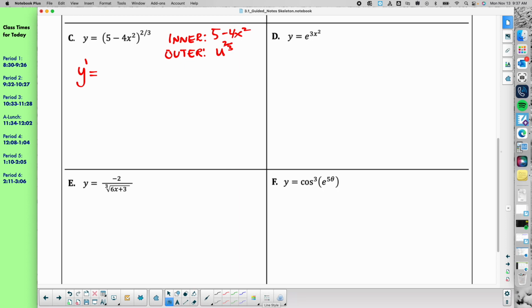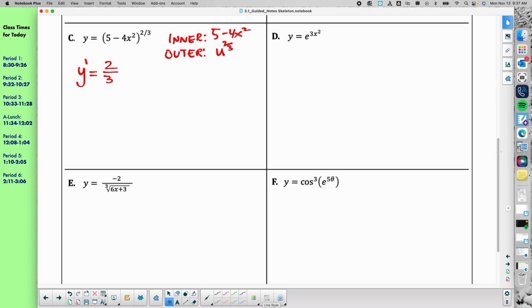So my derivative is going to be the derivative of the outer times the derivative of the inner. So the derivative of the outer is going to be 2/3 times u to the negative 1/3. So basically I just did the power rule.